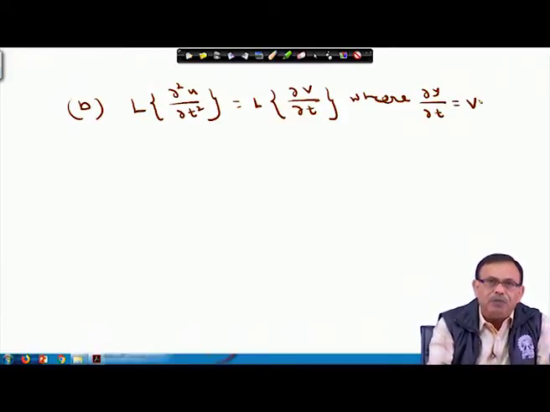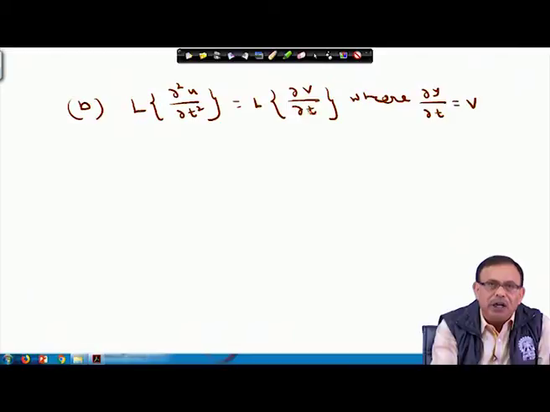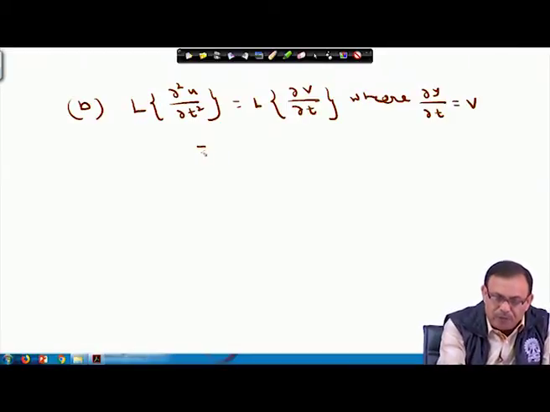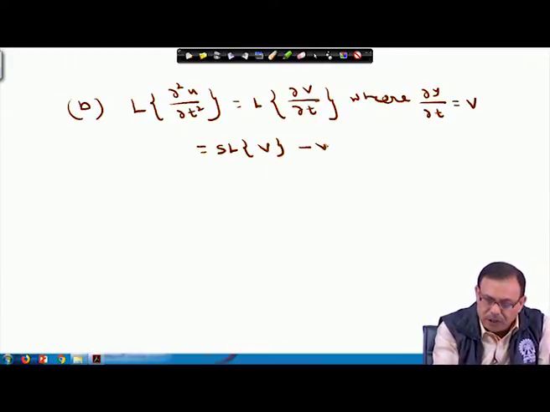If I substitute v equals ∂y/∂t, then from the earlier property this equals s times the Laplace transform of v minus v(x,0).